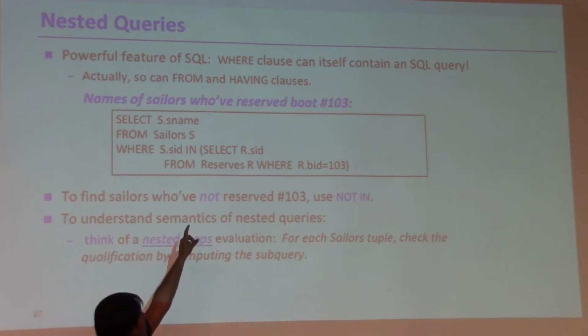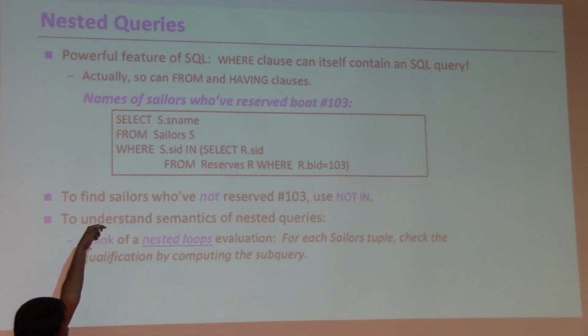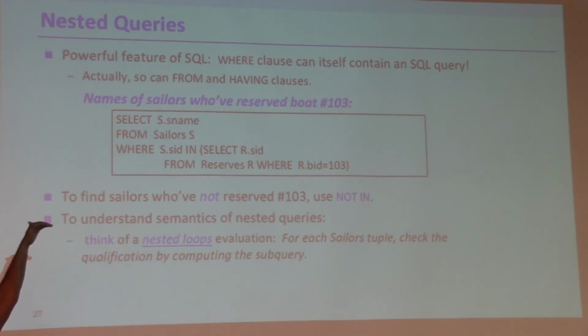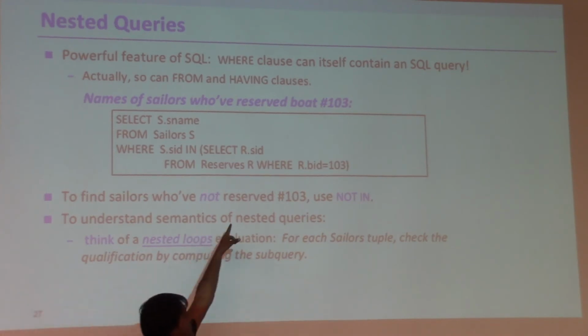If we use the IN operator, it will select sname from sailors S where S.sid is in the inner block. It will parse the whole sailors table, and for each sailor it will evaluate this expression.